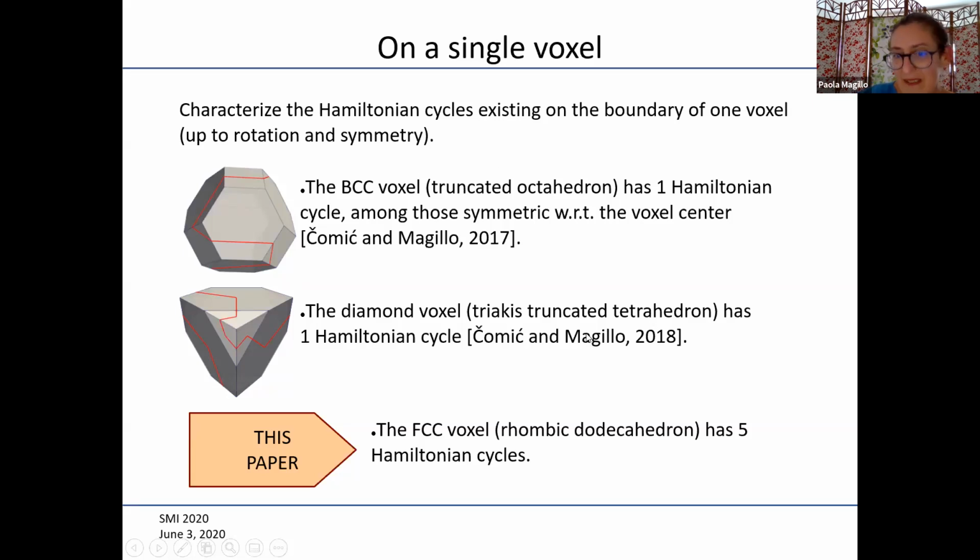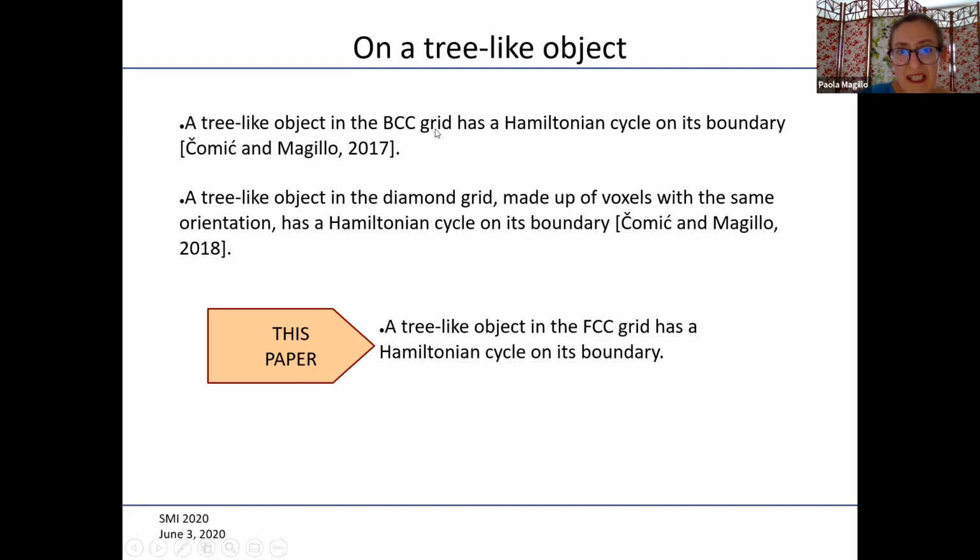For a tree-like object in the BCC grid and the diamond grid, we have shown that there is a Hamiltonian cycle on the boundary of each tree-like object. In the diamond grid, the object must be made of voxels with the same orientation. And in this paper, we also show that there is always a Hamiltonian cycle on the boundary of any tree-like object in the FCC grid.